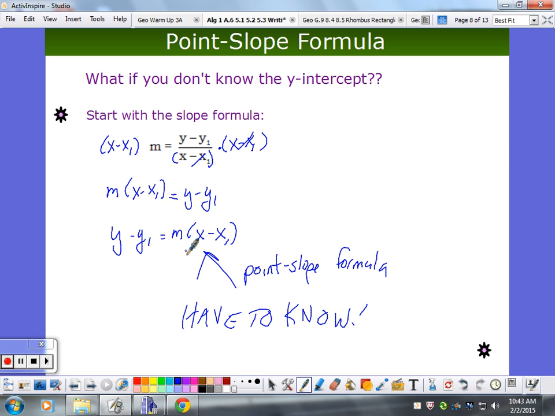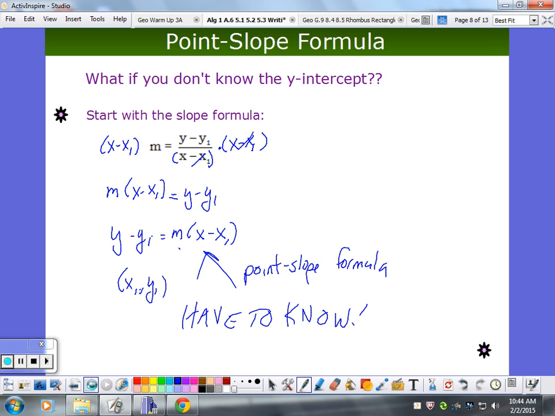If you know the slope formula, you should be able to get back here. And I think we all know the slope formula. y minus y1 equals m times x minus x1. And what is happening here is this x1, y1 is a point on your line, and m is the slope, which is why it's called point slope. If I know those 2 things, I can write an equation.